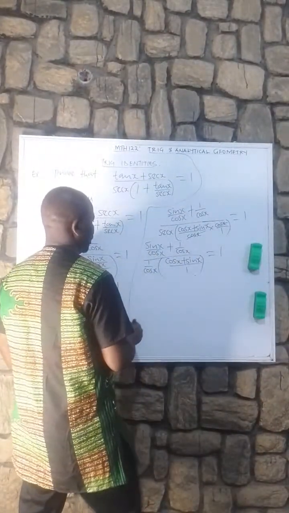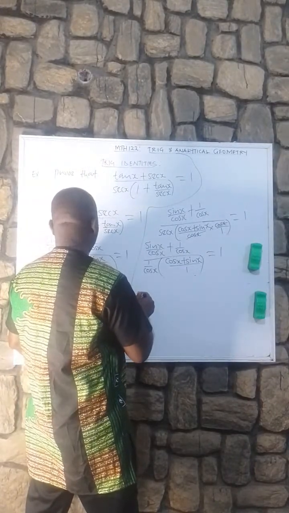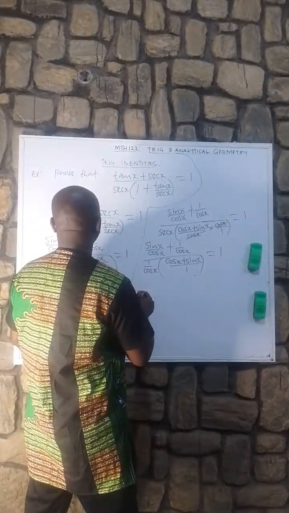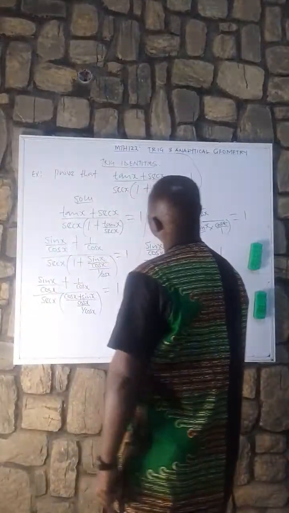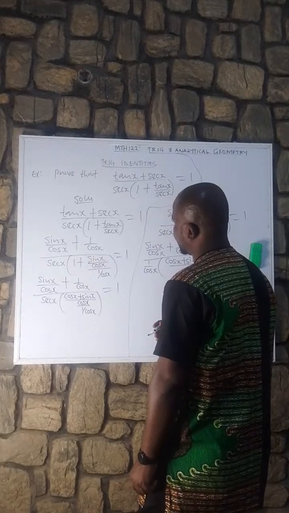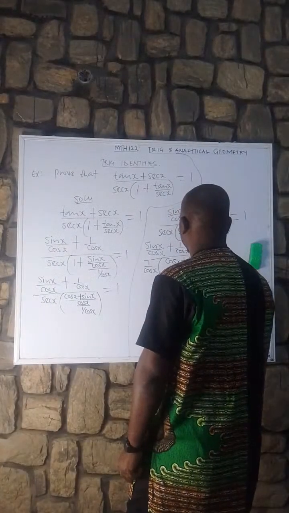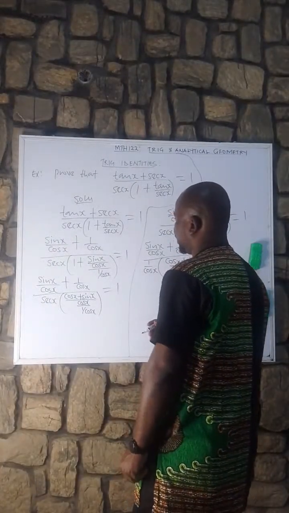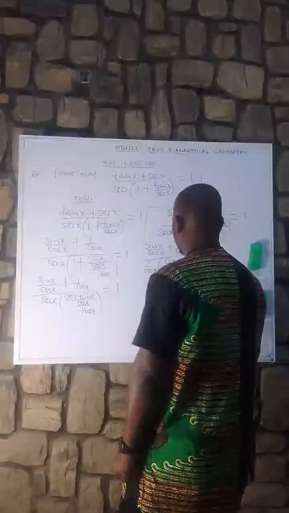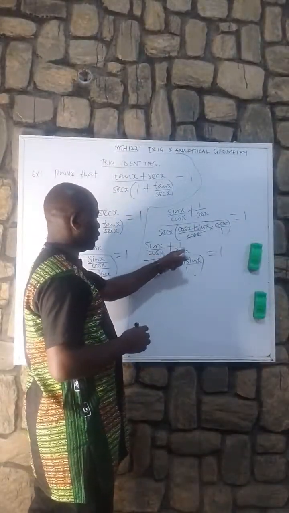So here will now be, what is the question? 1 all over. If you can see what I am saying, take the LCM of the numerator.